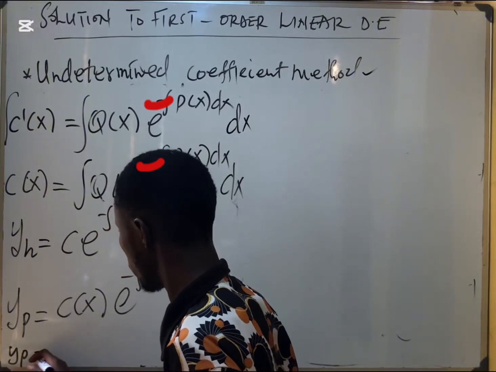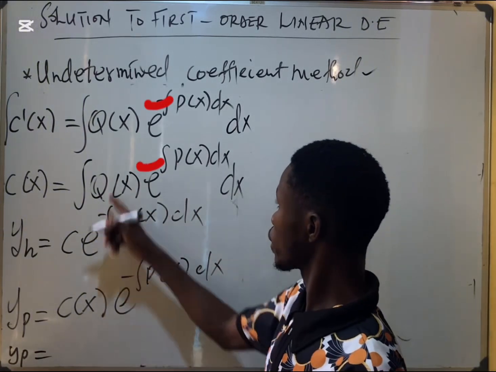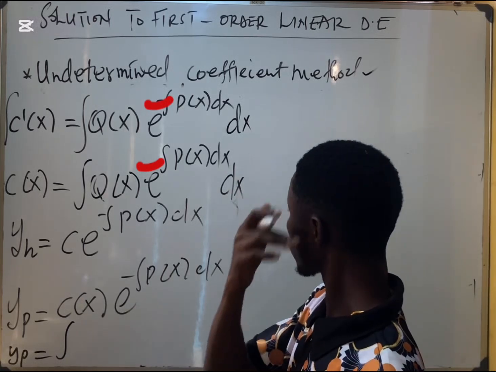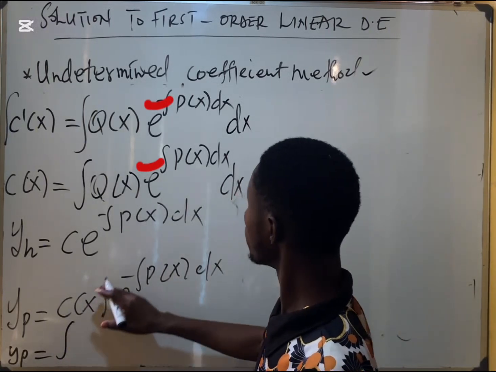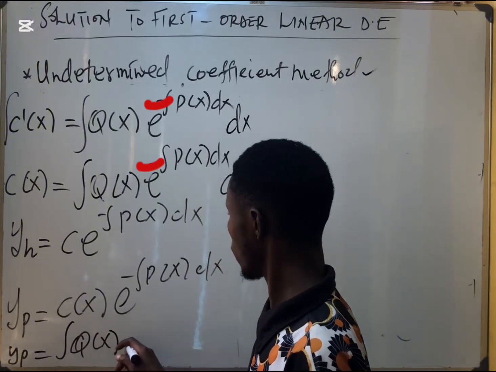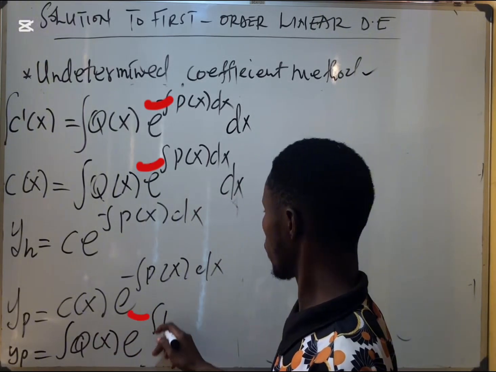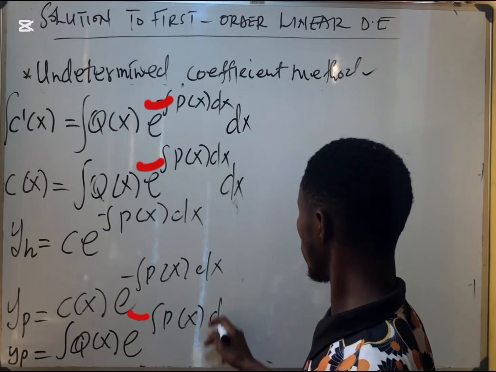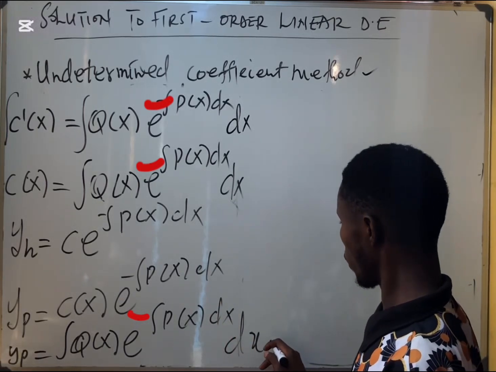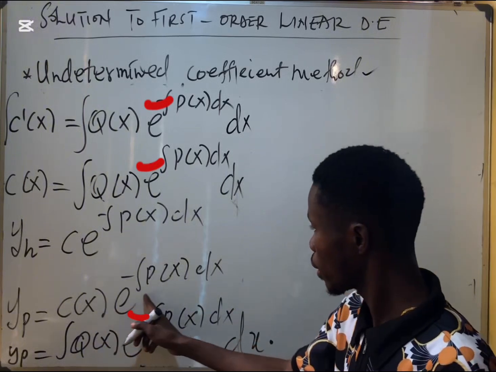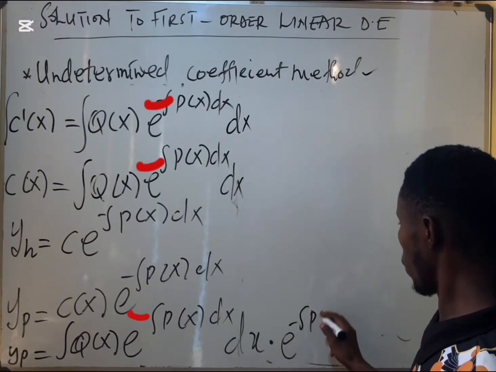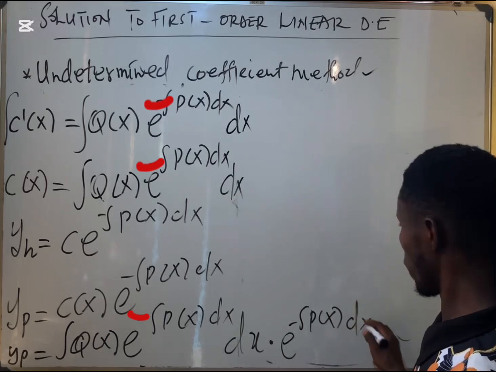So y of p is equal to c of x, which is what we have here, the integral of k of x e to the power integral of p of x dx, dx. And the whole of this one is multiplied by this, which is e to the negative integral of p of x dx.